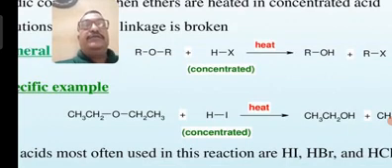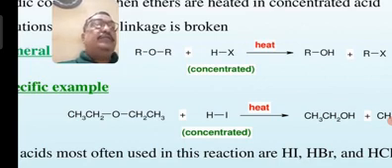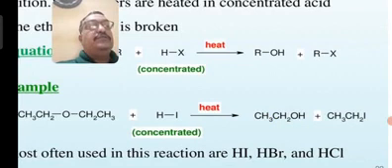Similarly, CH3CH2OCH2CH3, diethyl ether, when treated with concentrated HI, gives ethanol plus CH3CH2I, ethyl iodide.